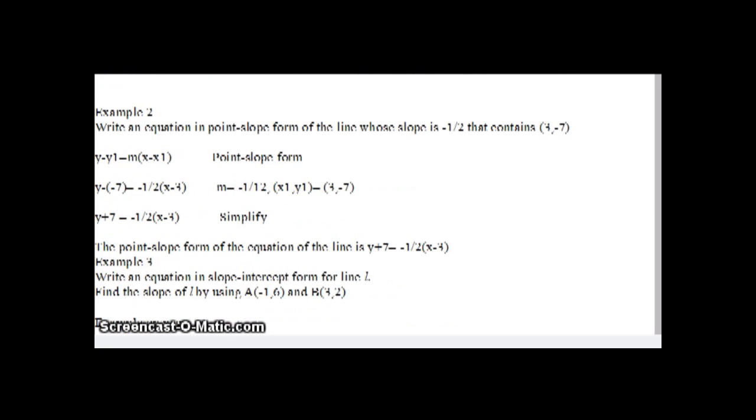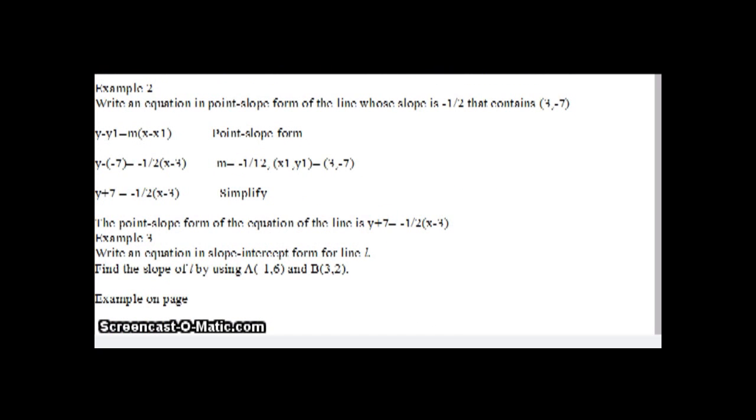Example 2. Write an equation in point-slope form of the line whose slope is -1/2 that contains (3, -7). Y minus y1 equals m times (x minus x1). That's point-slope form. So y minus -7 equals -1/2 times (x minus 3), where m equals -1/2 and (x1, y1) equals (3, -7).